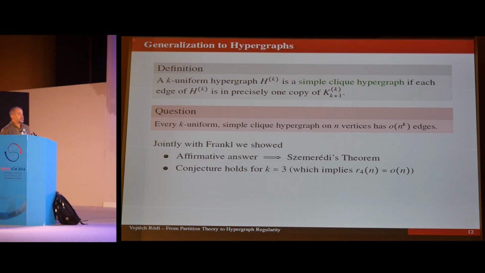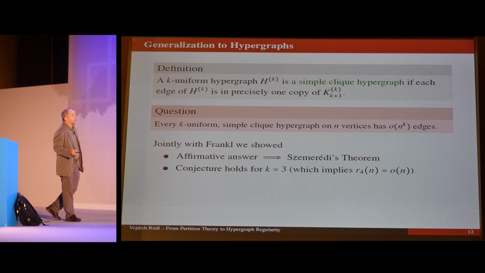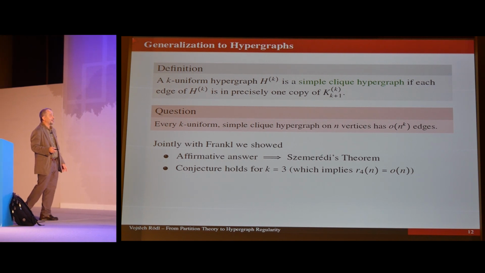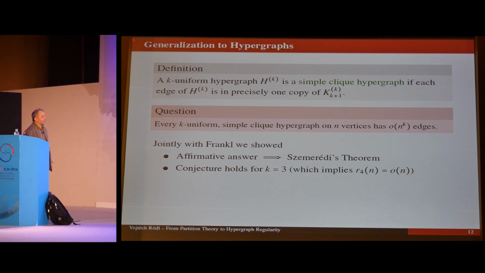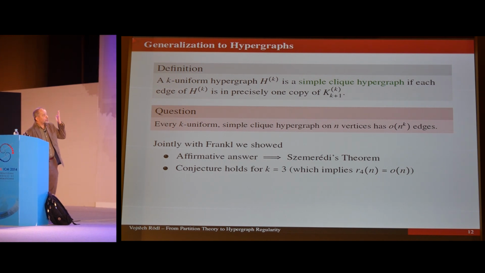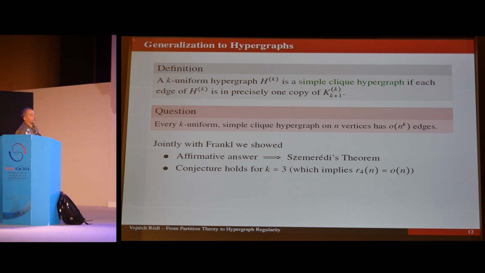We were interested in this question together with Peter Frankl in the late 80s and early 90s, before he retired from mathematics for a while, and showed that an affirmative answer to that question would yield Szemerédi's theorem. So this question is interesting because it would show a deep theorem.